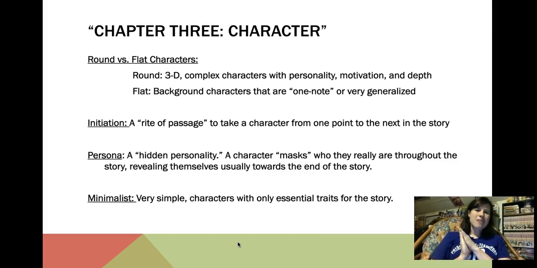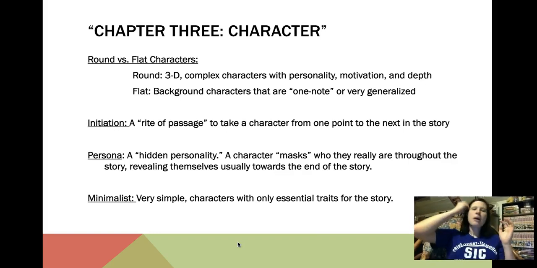This chapter starts out talking about round versus flat characters. And we're not talking about how they're shaped. We're talking about their character. A round character is 3D. It's complex. It has personality, motivation, and depth. Usually your round characters are your main protagonists, and we'll talk about what a protagonist is in a moment. But they are your main characters.